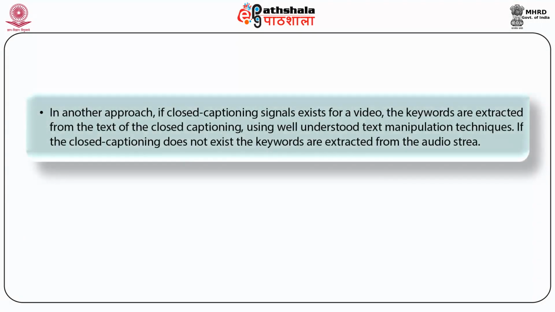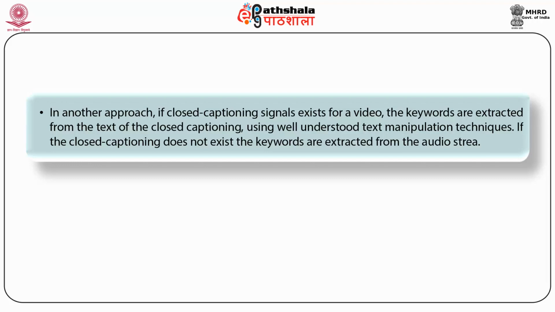In another approach, if closed captioning signals exist for a video, the keywords are extracted from the text of the closed captioning using well understood text manipulation techniques. Closed captioning can be understood as subtitles or the CC or closed captioning you might have seen in some videos on web.